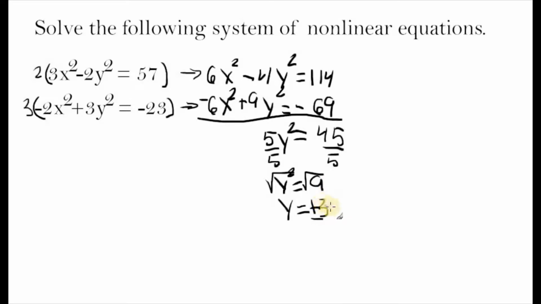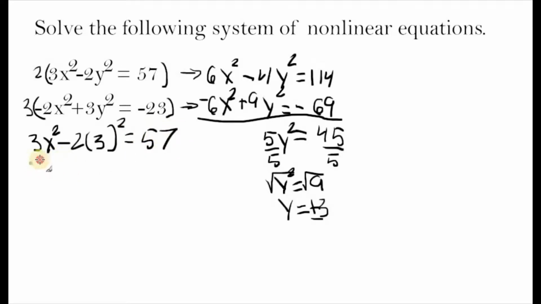So we're going to take one of these two equations here and plug in 3, either the positive or negative 3, to get our x. So we're just going to do the top one. So we're going to drop down 3x squared minus 2, and instead of putting y, we're going to put either the plus or the minus 3. We're going to do plus 3, and then you drop down the squared is equal to 57.